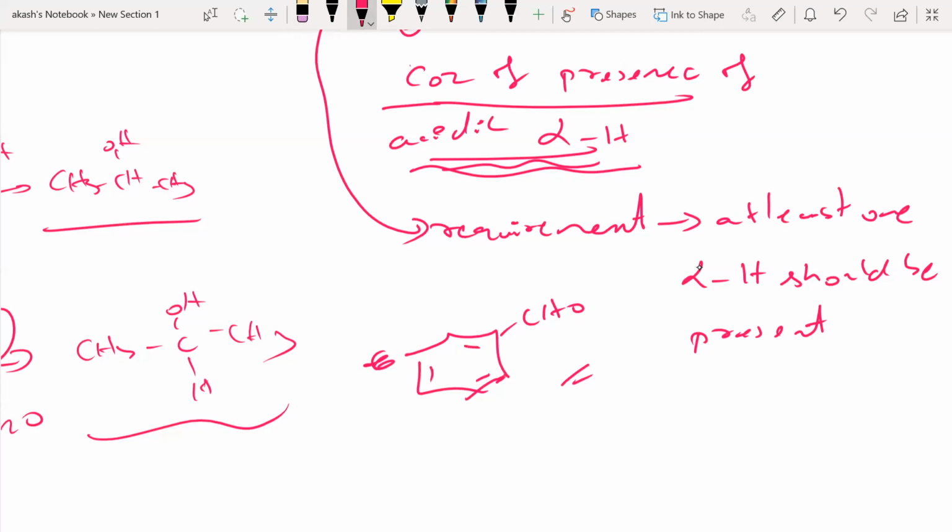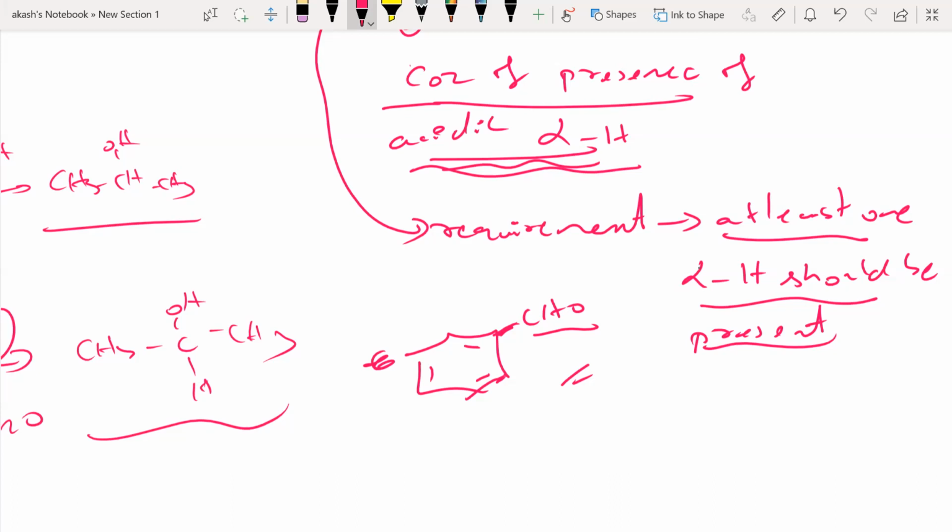Is it possible for benzaldehyde to give aldol condensation? You know the requirement is that at least one alpha hydrogen should be present. So will it give aldol condensation? No, sir.